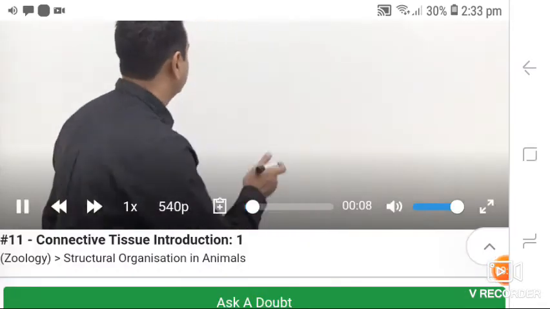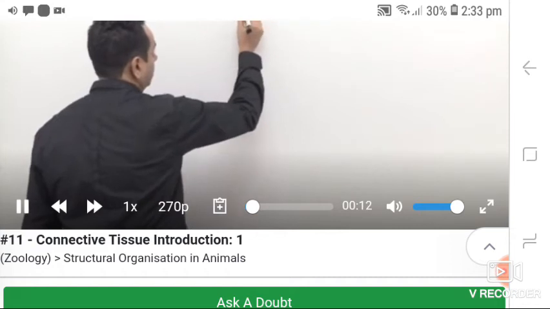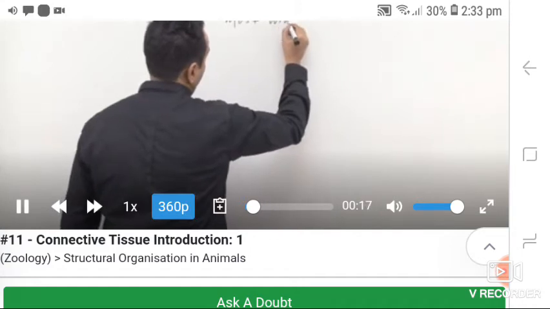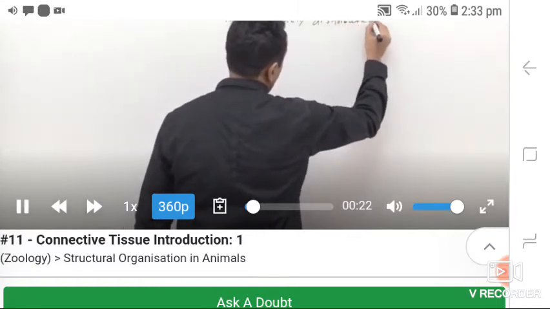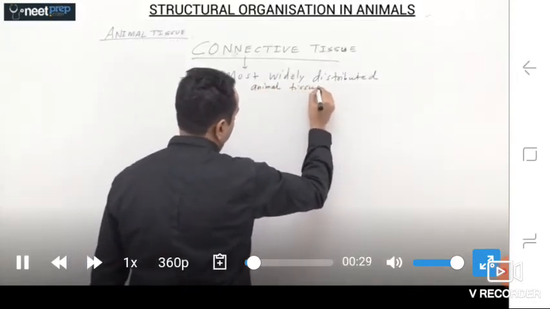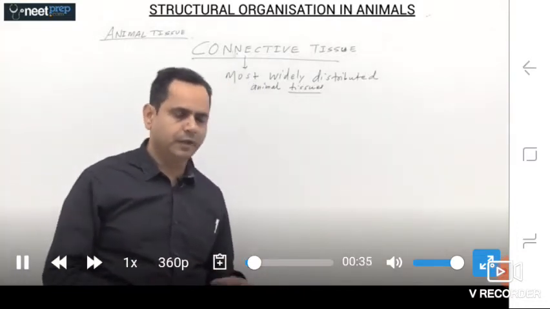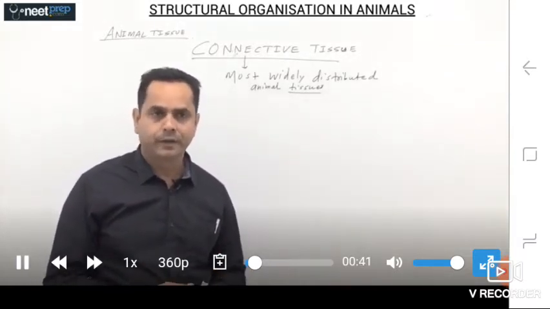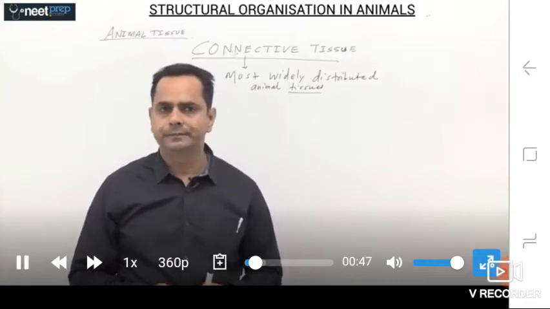the body. This is most widely distributed animal tissues that is required for the support, the attachment, the protection, the storage, the immunity, the insulation of the body.